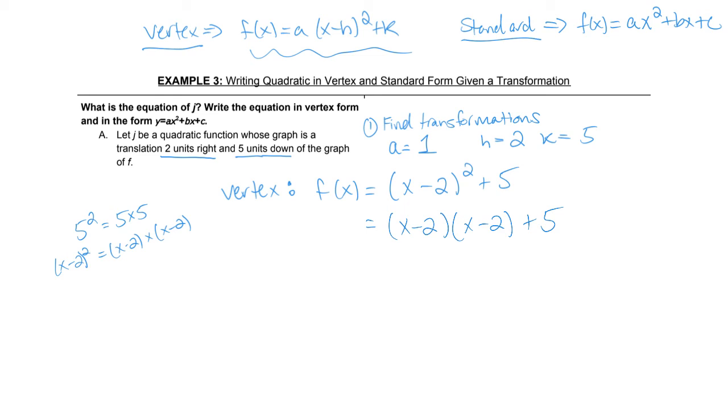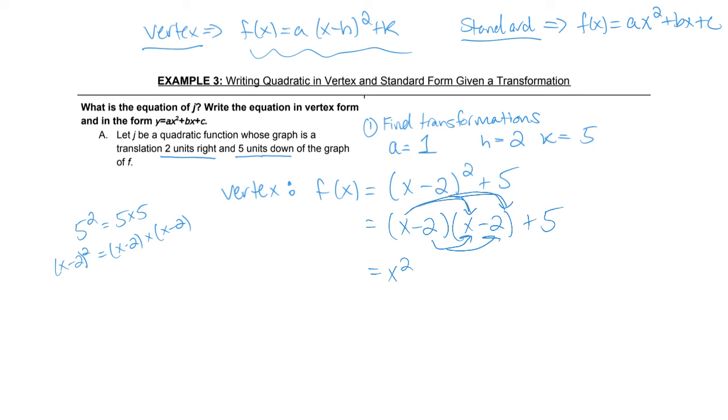We just expanded it because when you square something, it's being multiplied by itself. So now we need to use the FOIL method and distribute these. So x times x is x squared.